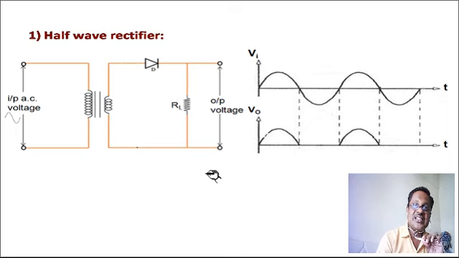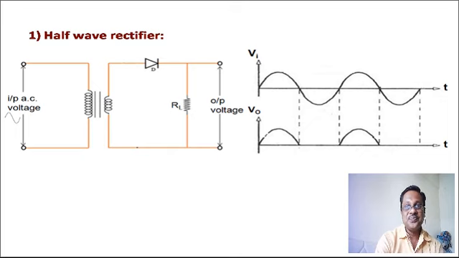The efficiency of the half wave rectifier circuit is 40.6%.